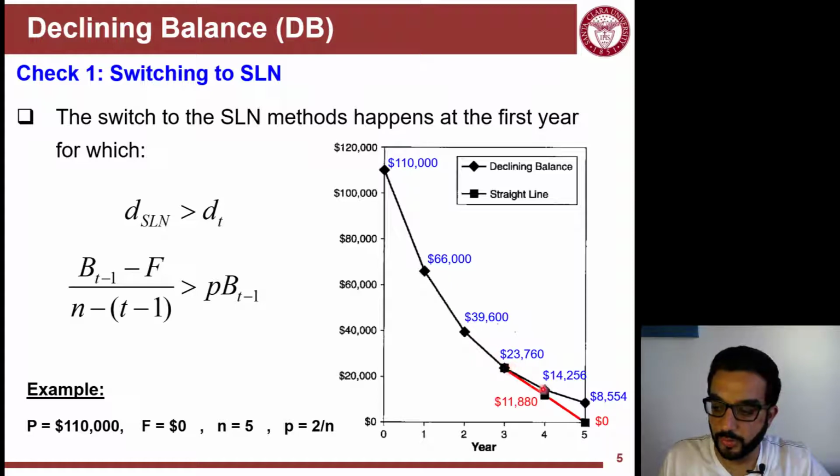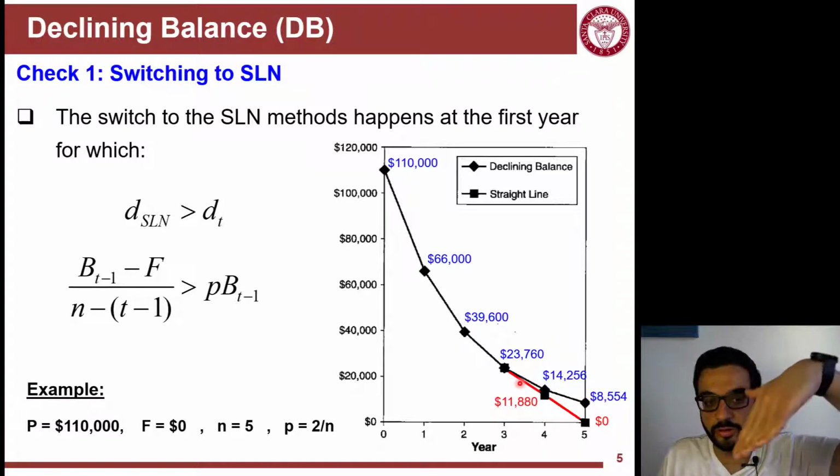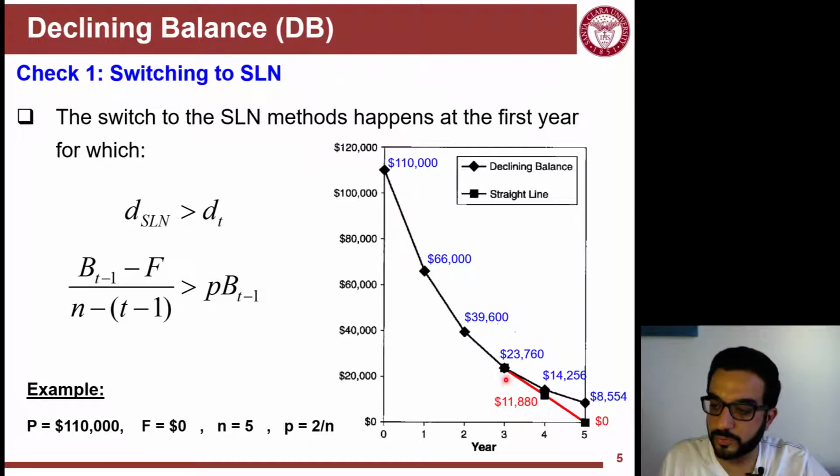And then, for the salvage value equal to 0 here, if you think about it as a trajectory, I will not hit 0. I will stay above it. So at some point I have to switch to a straight line to be able to hit my 0 salvage value. And it happens at this point. So this check, I applied it at the first year, it didn't satisfy. Second year didn't satisfy. Third year didn't satisfy, but the 4th year it did satisfy, and then I'm switching to a straight line that will happen in the 4th and the 5th year.